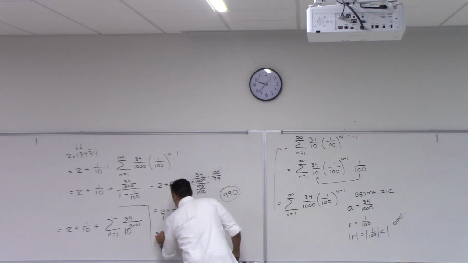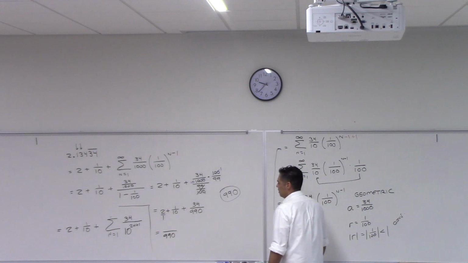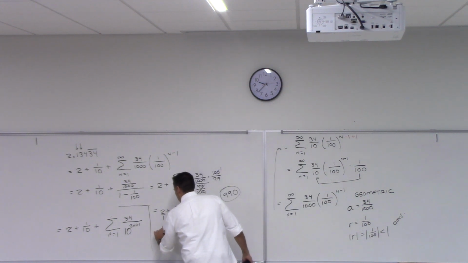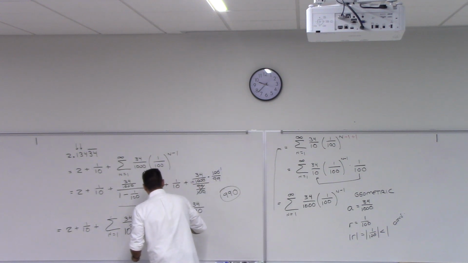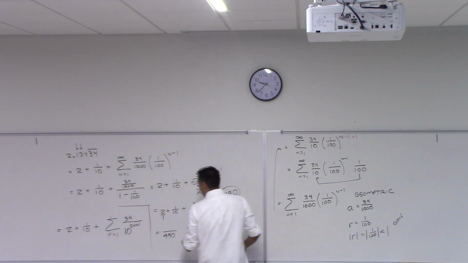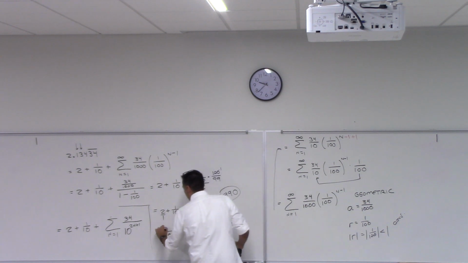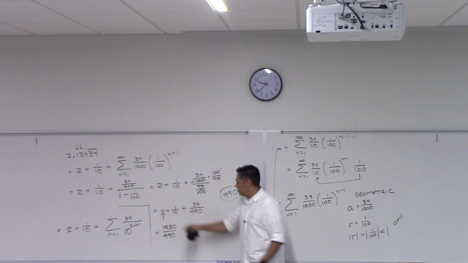What's 2 times 990? Y'all better double check me here. What is it? 1960? 990 times 2? 1980. Okay, I trust you. 1980, that's me rewriting 2.